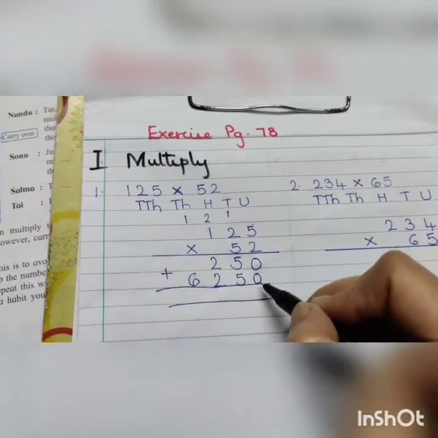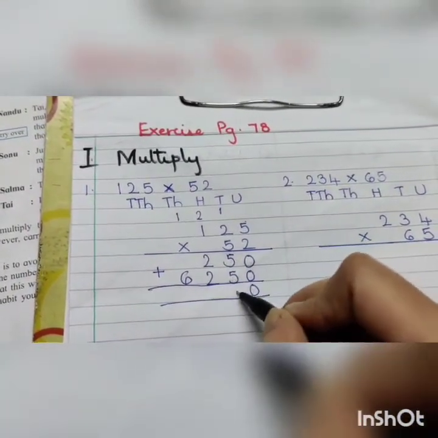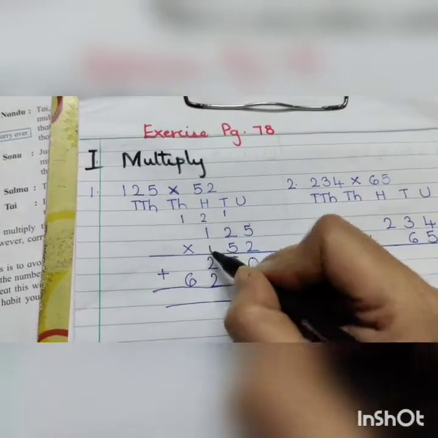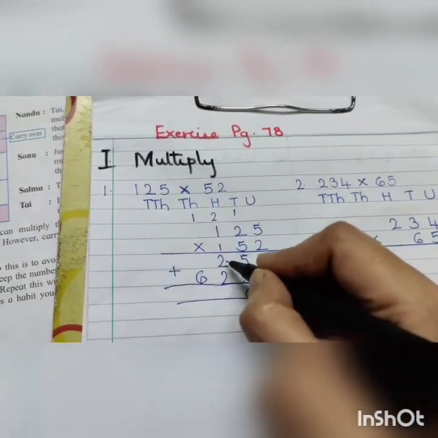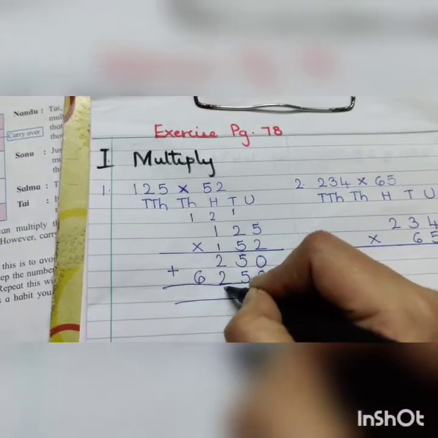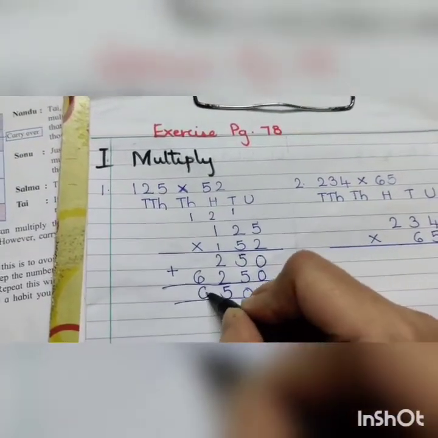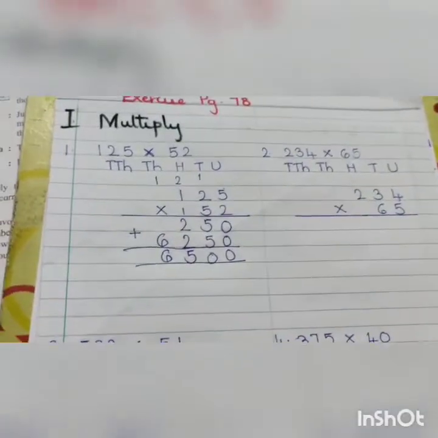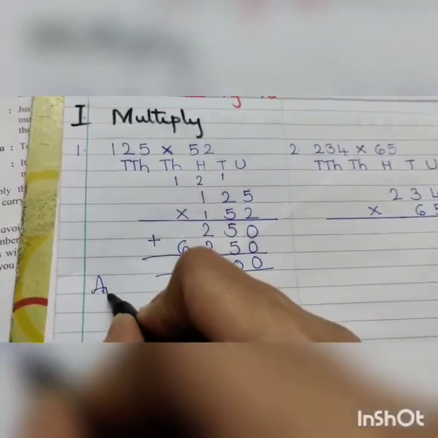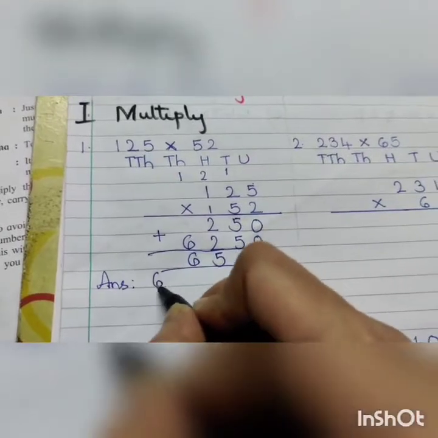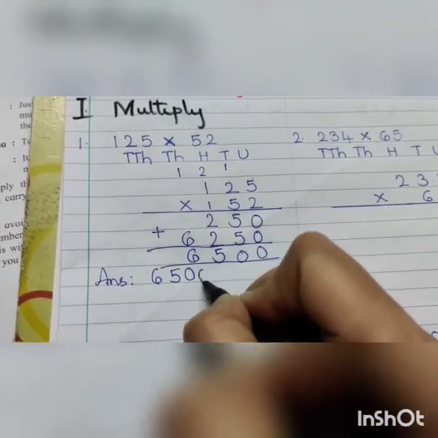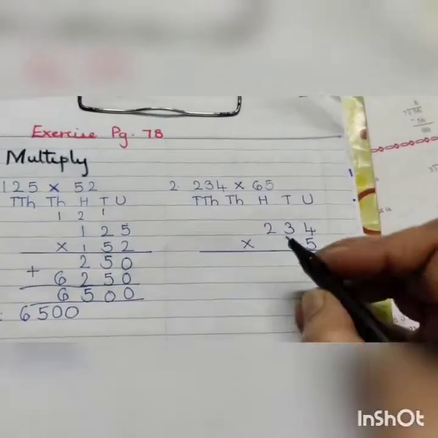Okay, 0 plus 0 is 0. 5 plus 5, 10. Okay, 1 gets carried over. 2 plus 2 is 4 plus 1, 5. And 6 is alone. So we write it as it is. Okay, so what is your first answer? Yes, that is 6,500.